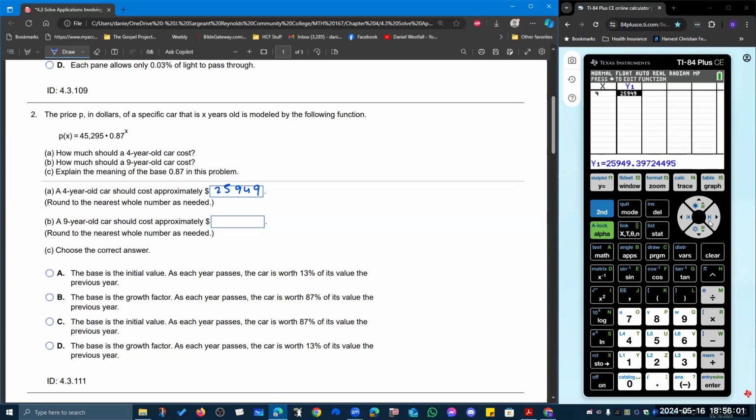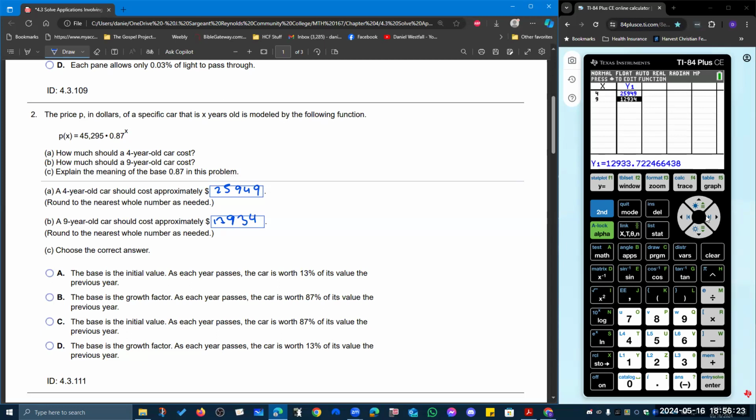Then a 9-year-old car should cost how much? And that should be 12,934.